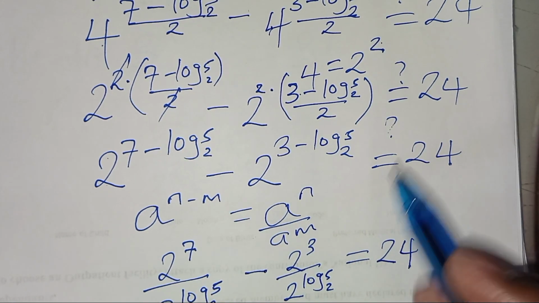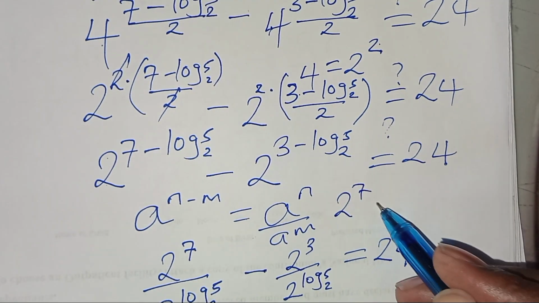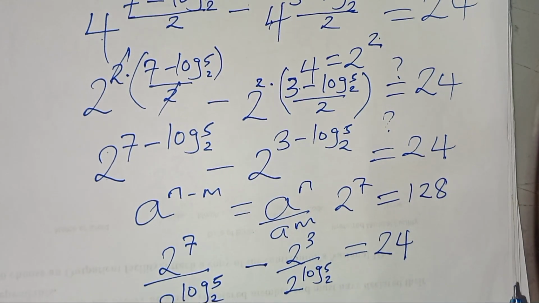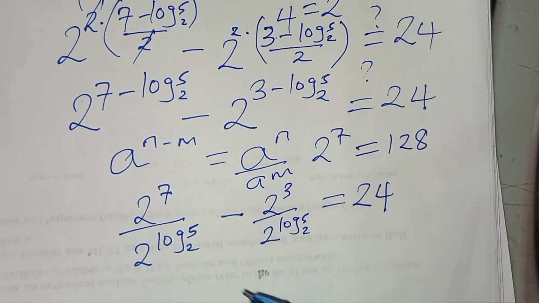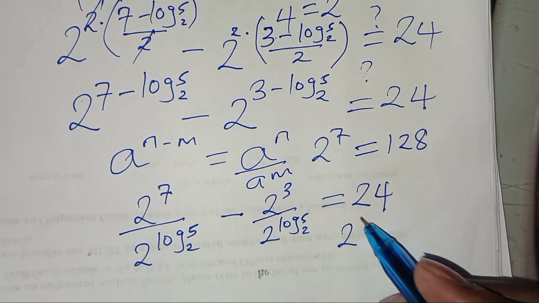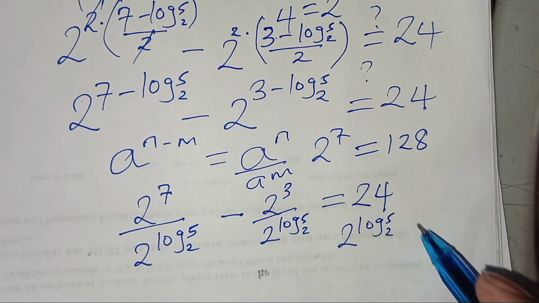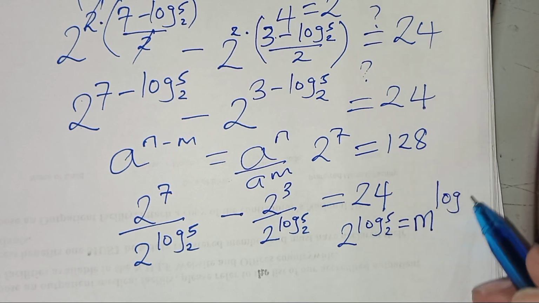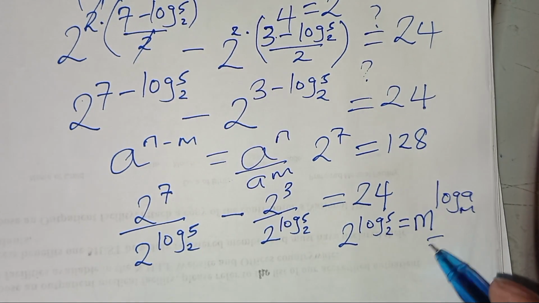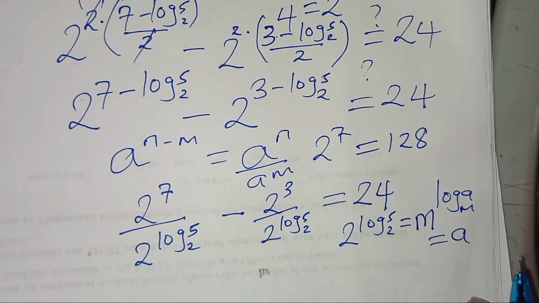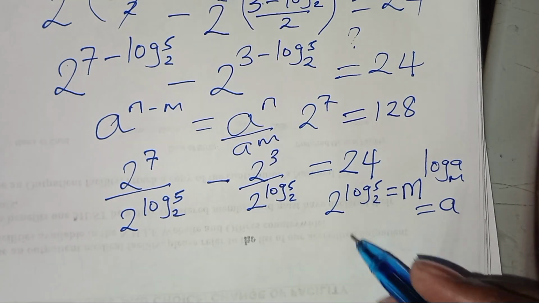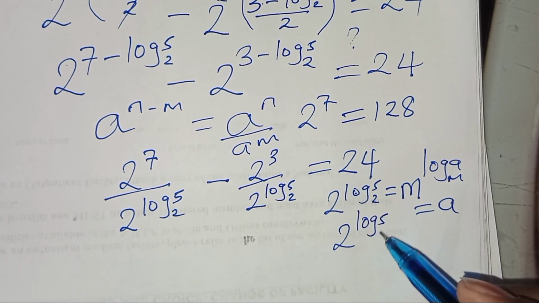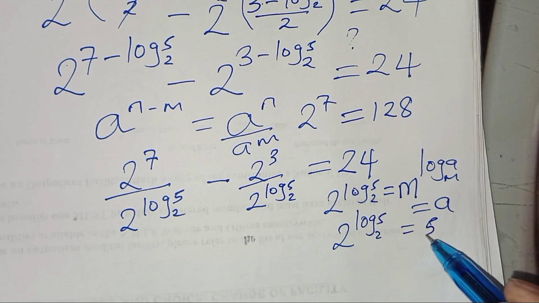Now, 2 to the power of 7 is basically equal to 128. Okay? And 2 to the power of log 5 to base 2 is in the form of m to the power of log a to base m, which you can express as basically a. So 2 to the power of log 5 to base 2 is actually equal to 5.